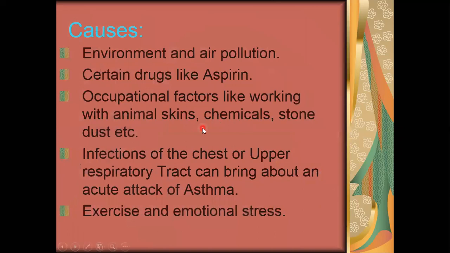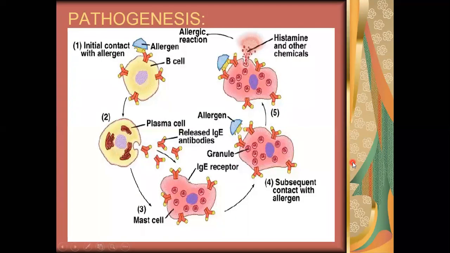Along with that, there are certain drugs like aspirin and occupational factors like working with animal skin, chemicals, stone dust, and cement industries, etc. And upper respiratory tract infections, exercise, and emotional stress are also considered causative factors or risk factors for an asthma attack.